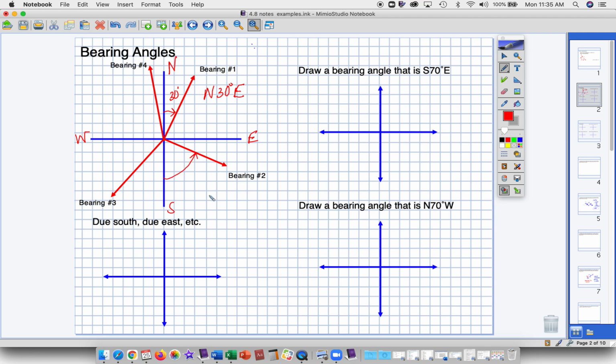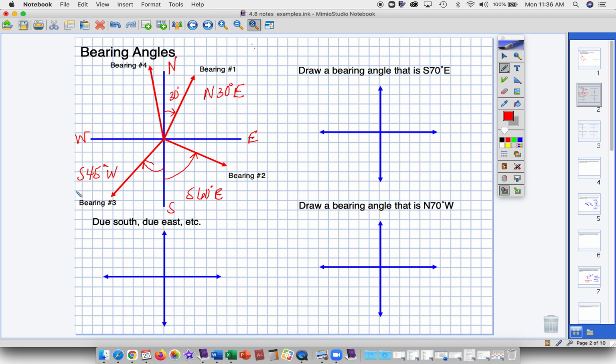So this will be a southeast bearing, and let's say that's about 60 degrees. So south 60 degrees east. This one looks like it's pretty much right down the middle. This would be a southwest bearing, starting from the south, rotating to the west. So we would say south 45 degrees west.